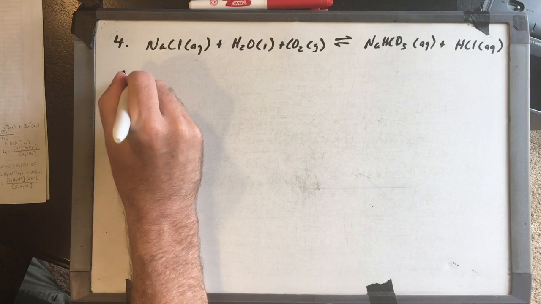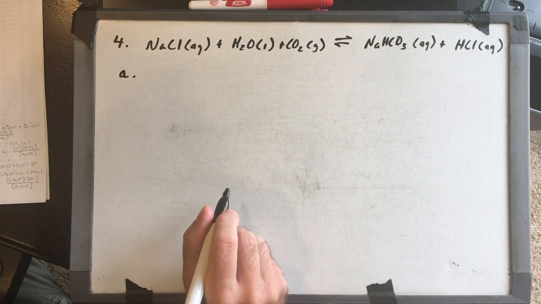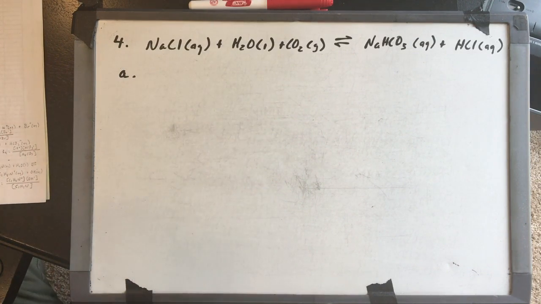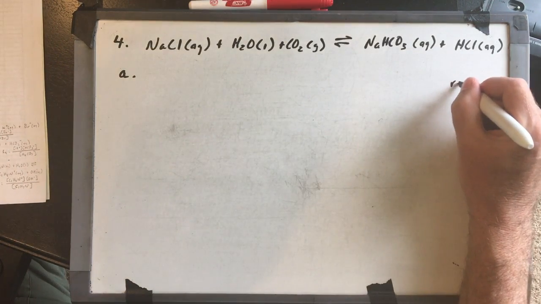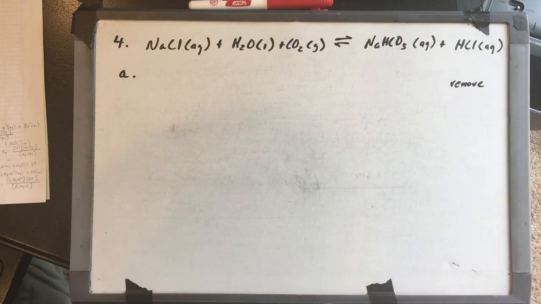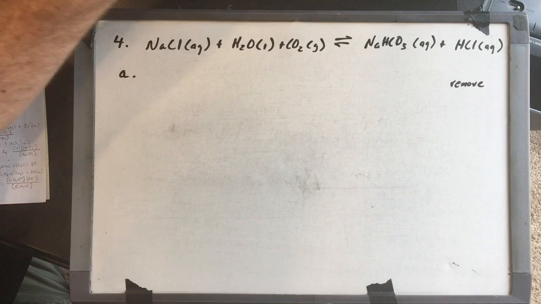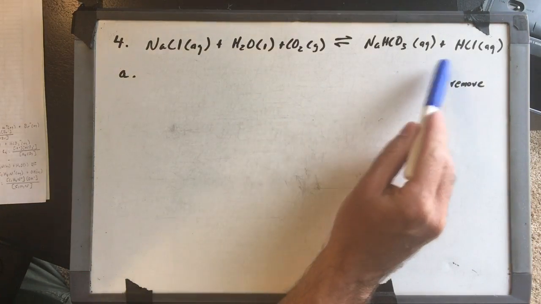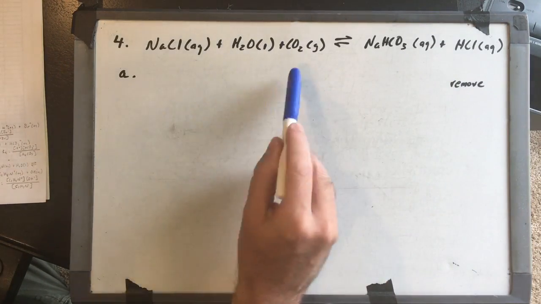says what will happen to the concentration of CO2 if HCl is removed. So we're going to remove HCl. So what will happen then is if we remove HCl, there are fewer collisions on the right, more collisions on the left.